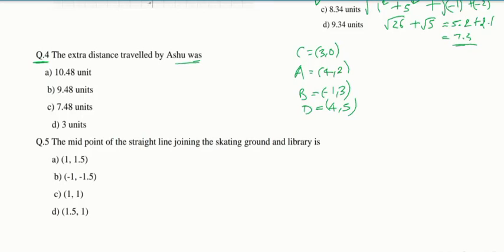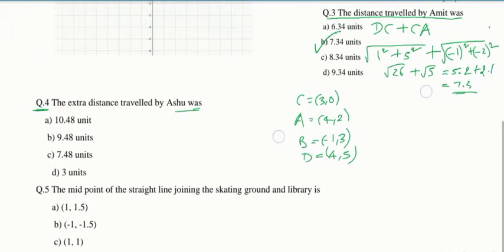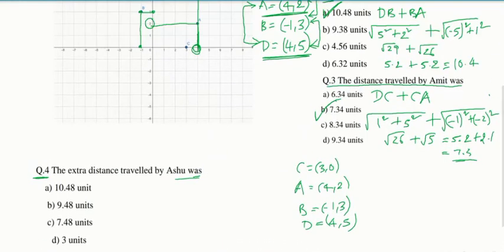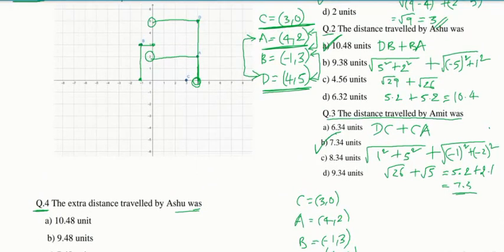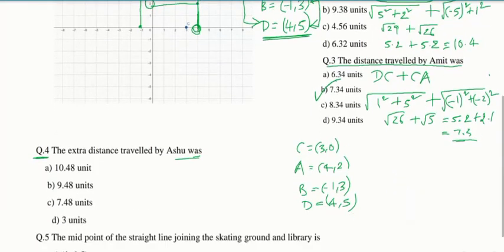The actual distance travelled by Ashu, already we have found that. So first of all she went from home to library and then library to school. So DB plus BA. This is the distance travelled by Ashu.